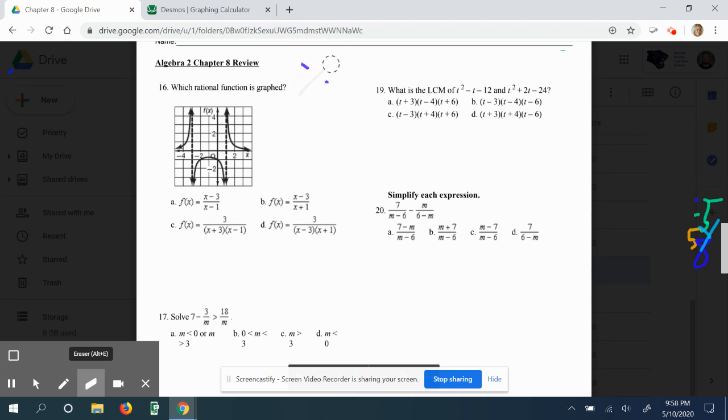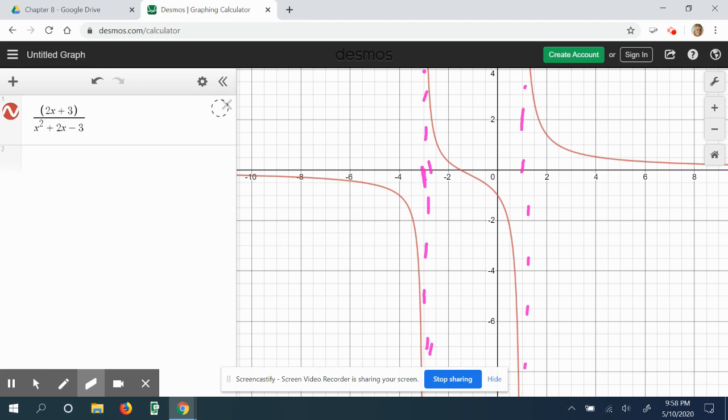All right, now, number 16 says, which rational function is graphed? Okay, and so an easy way to do this is just to graph them and see which ones you get. So A is x minus 3 over x minus 1. So let's see what that looks like.